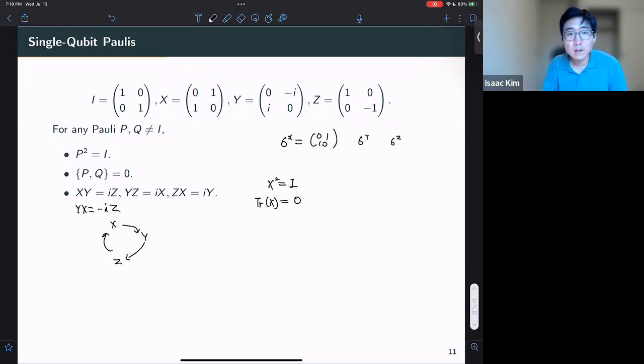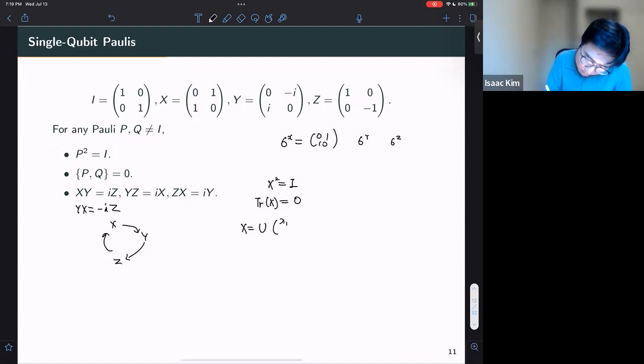And this actually completely determines the set of eigenvalues. Why? Let's say, without loss of generality, I can write down the eigendecomposition of X in the following way. U is some unitary that diagonalizes X, and lambda1 and lambda2 are the eigenvalues of X. So X squared is equal to U lambda1 squared, 0, 0, lambda2 squared U dagger.